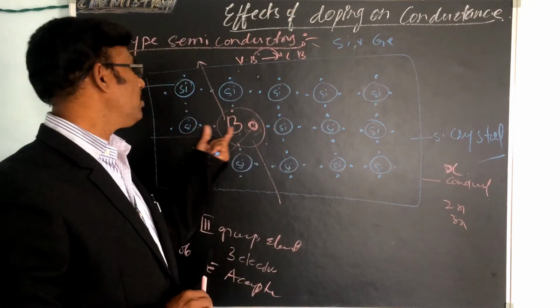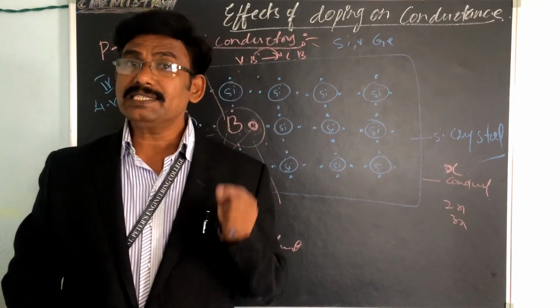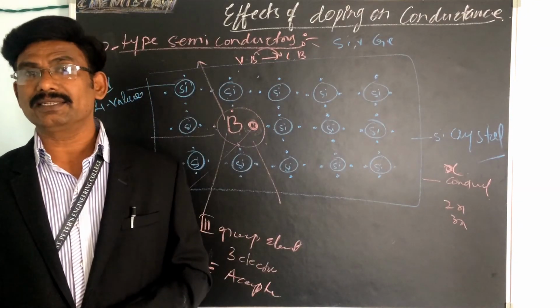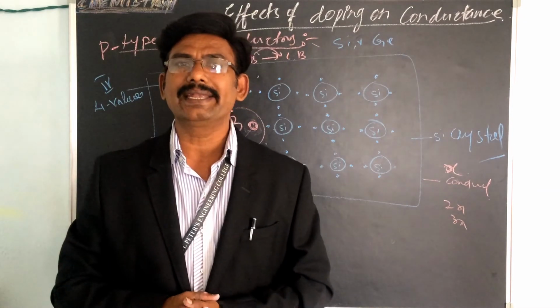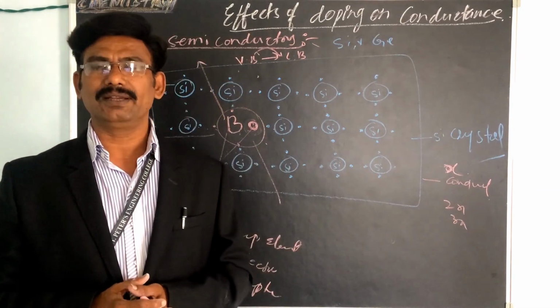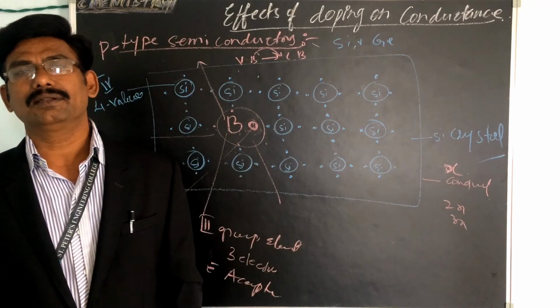These positive holes accept electrons, rendering the semiconductor more effective at conducting current. This is about p-type semiconductors.